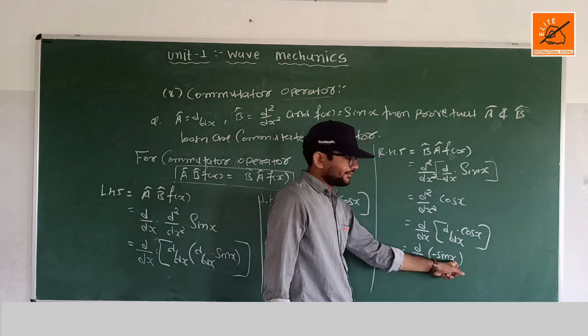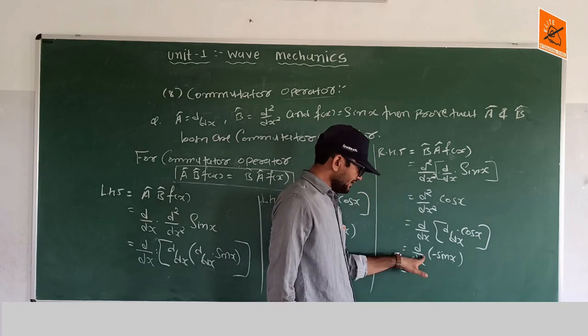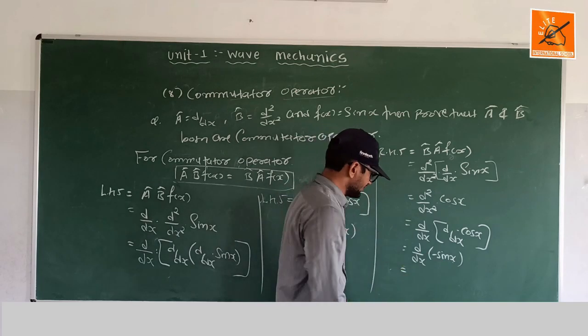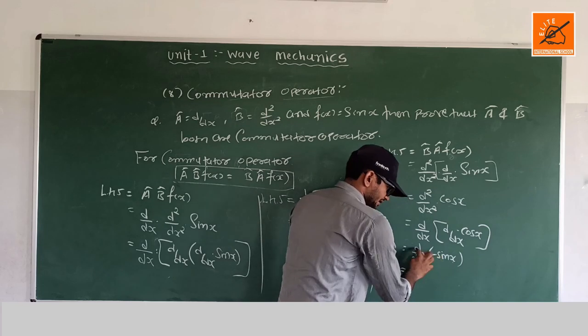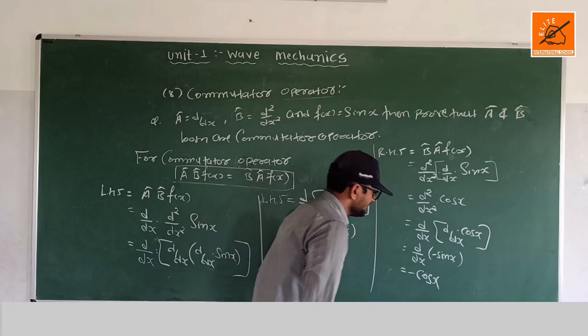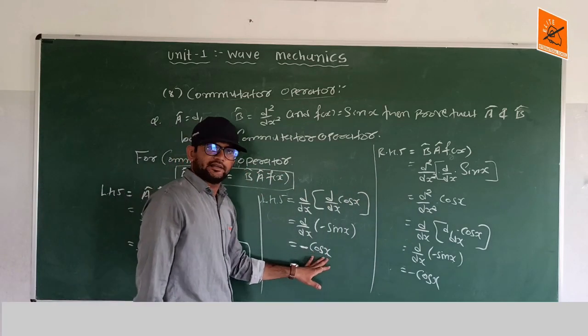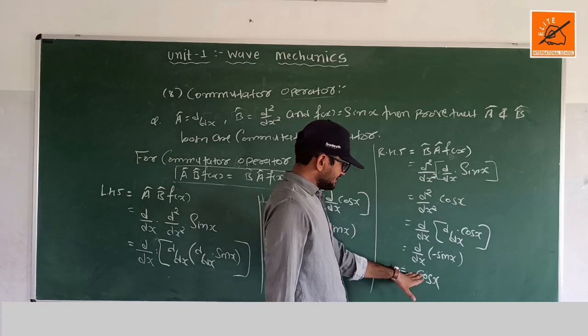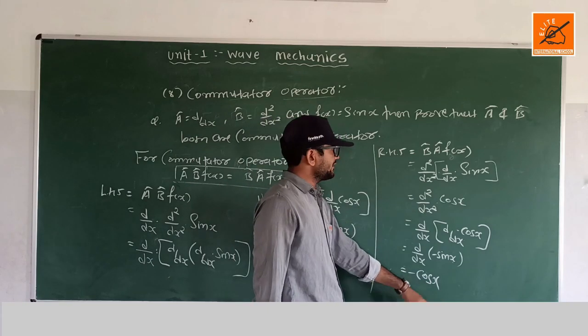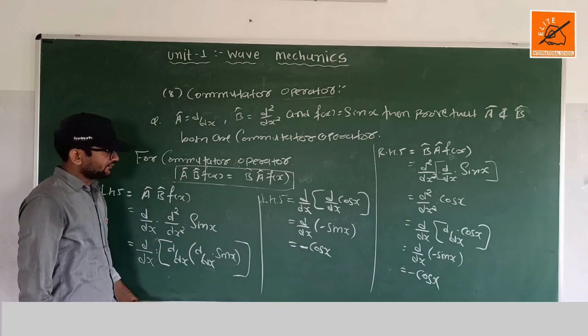Now d by dx of minus sin x means the minus remains as it is, and d by dx of sin x is equal to cos x. It means minus cos x. Okay, so here the value of LHS is equal to minus cos x, and the value of RHS is also minus cos x. It means both operators A cap and B cap commute with each other.